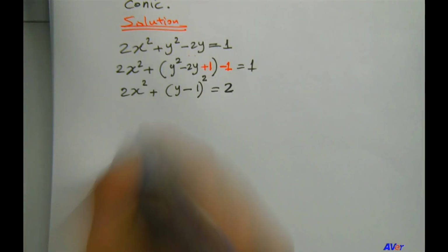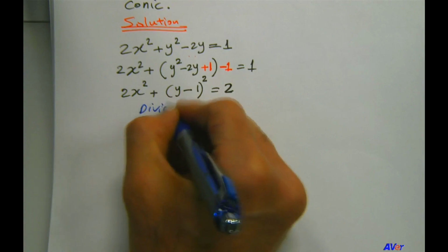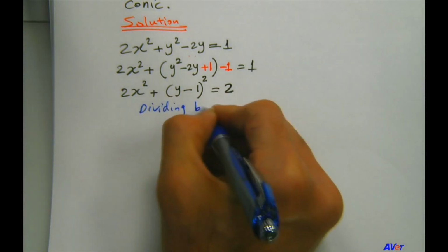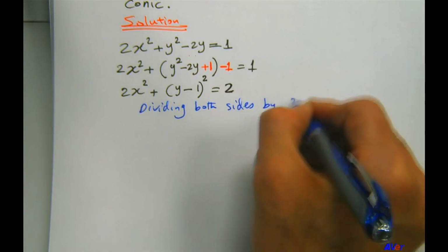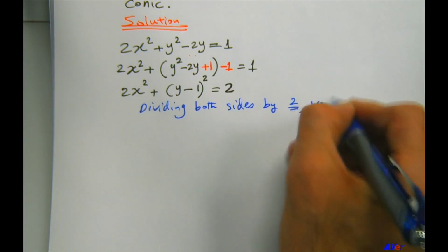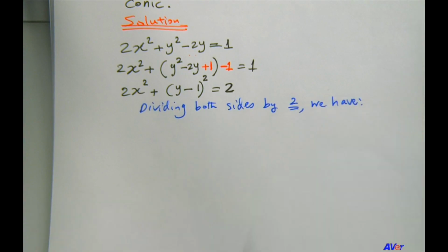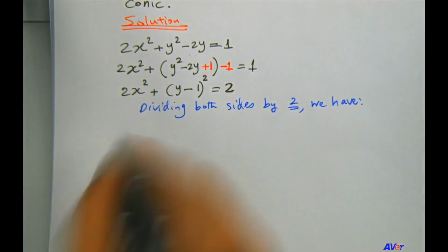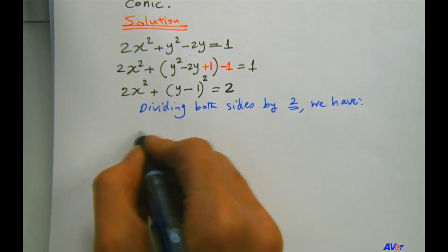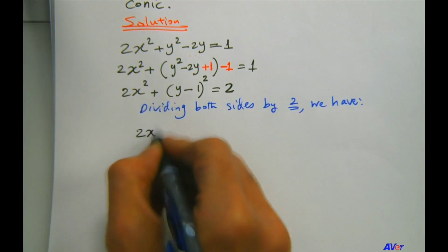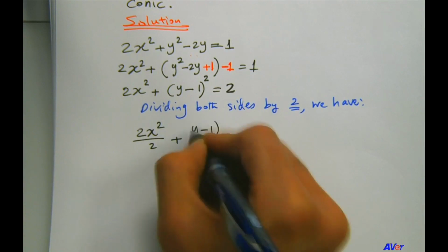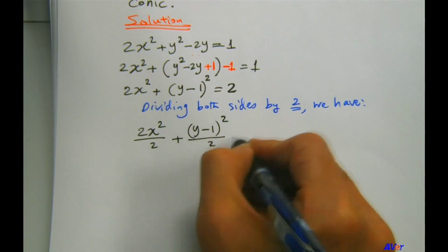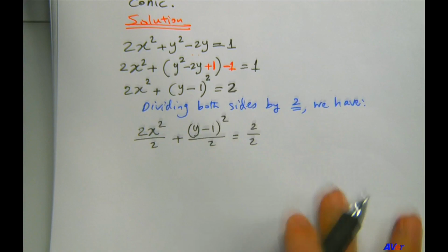Okay, now let's divide all sides by 2. So dividing, we have 2x squared over 2 plus y minus 1 squared over 2 equals 2 over 2, right?